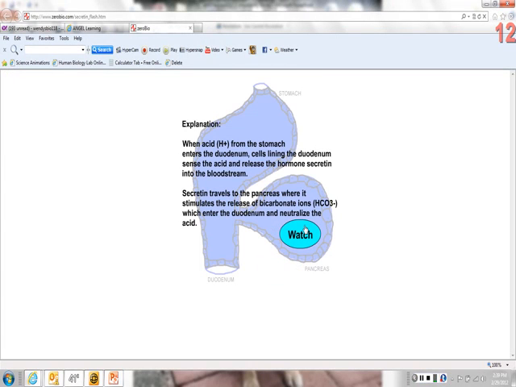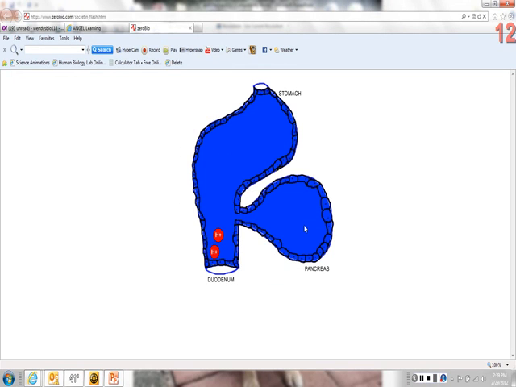When acid from the stomach enters the duodenum, cells lining the duodenum sense the acid and release the hormone secretin into the bloodstream. Secretin travels to the pancreas, where it stimulates the release of bicarbonate ions, which enter the duodenum and neutralize the acid.